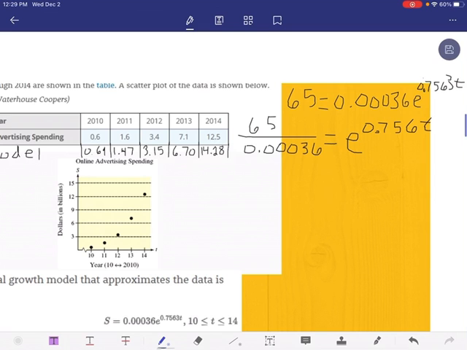This helps us reduce the amount of rounding error that we have, because if we round as we go, it's going to basically make that rounding error bigger and bigger and bigger. So then notice that we have an e to the power.